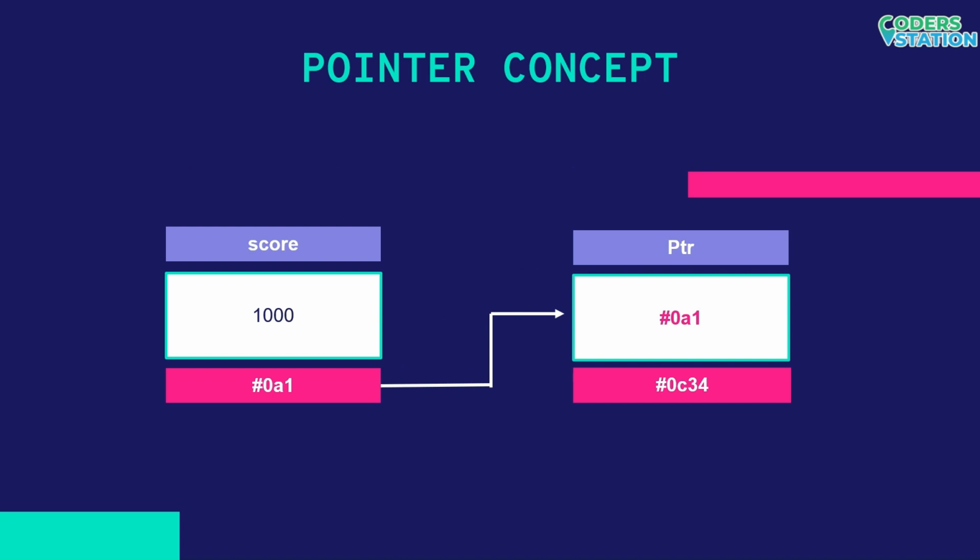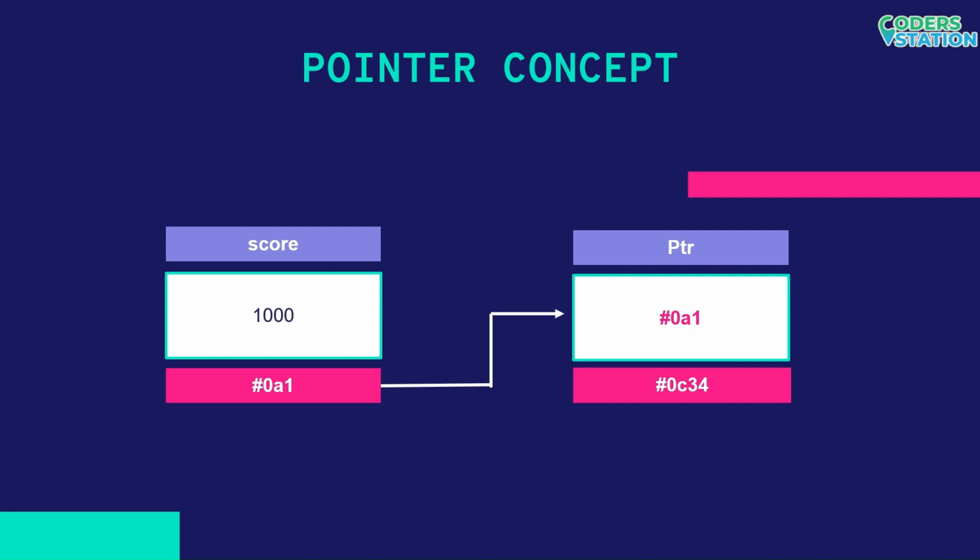Here the address of a variable means the memory location in which the score variable is storing its value. For example, if you have a block of memory, the location at which the value 1000 is being stored is known as the address of a variable. So here we have the score variable and its value 1000 along with its address, which is 0a1.